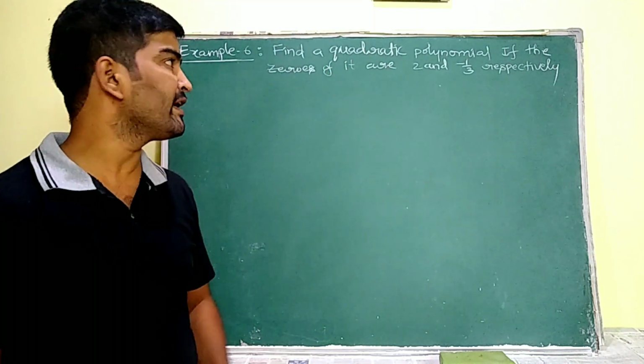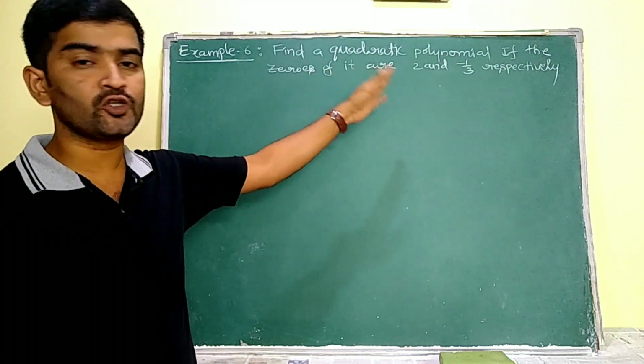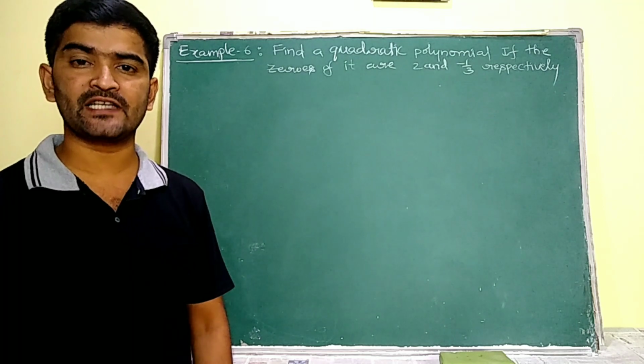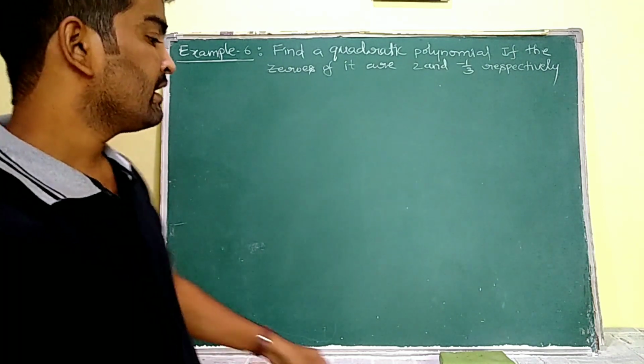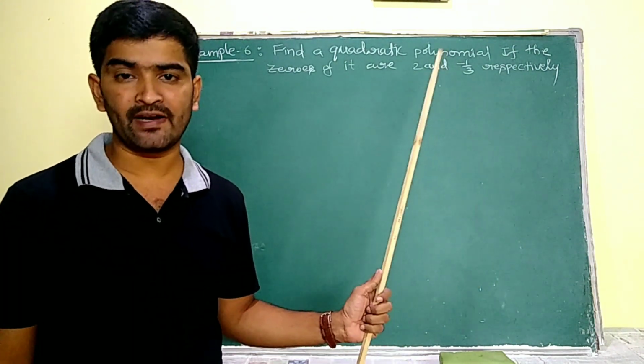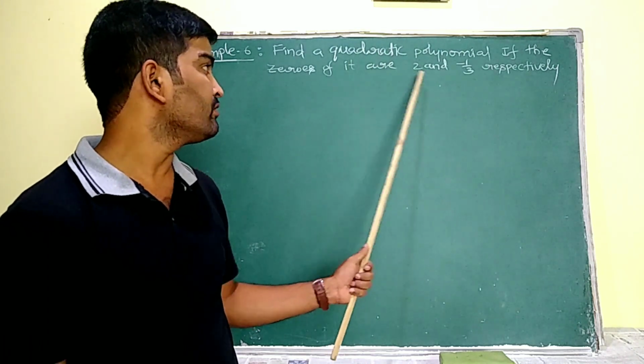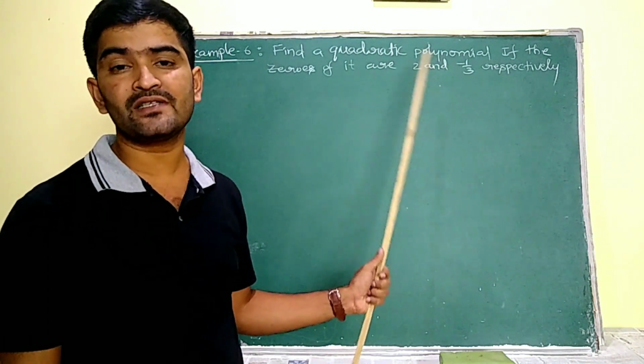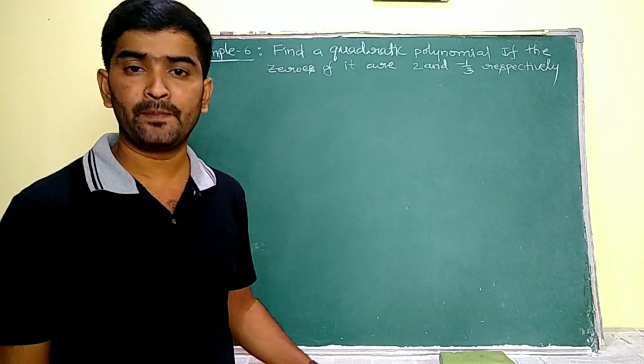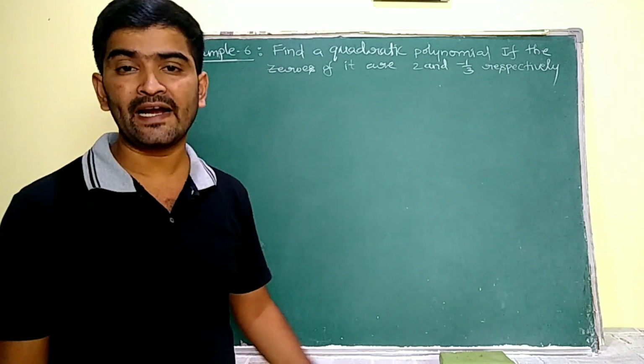Find the quadratic polynomial if the zeros of it are 2 and minus 1 by 3 respectively. Firstly you have to notice what are the given values here. Here they gave you the zeros, in the sense one is alpha, another one is beta. Firstly you have to write them perfectly.